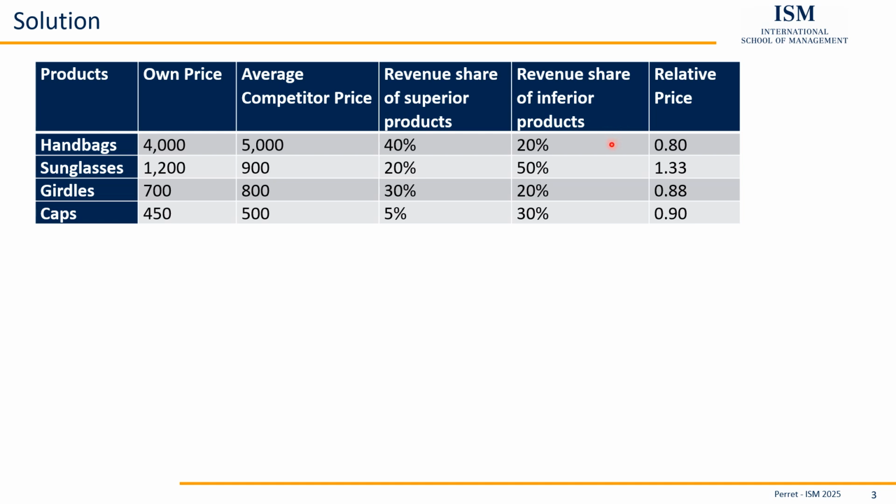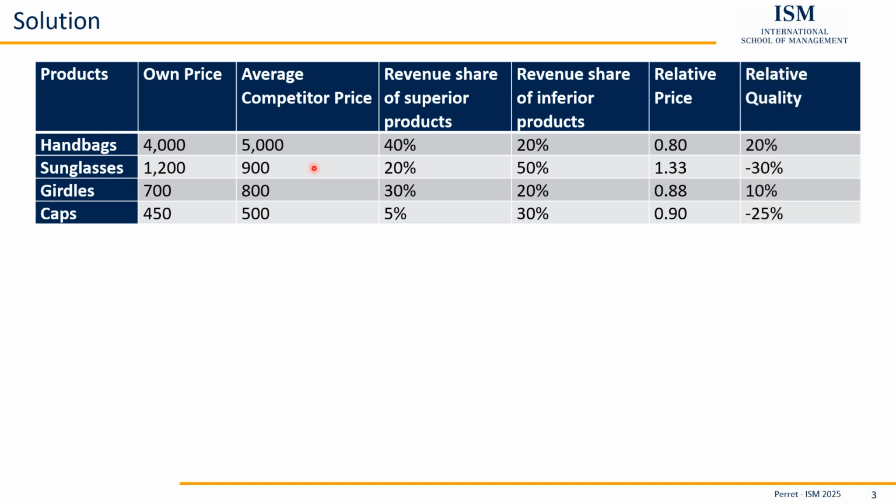For the relative price, I simply divide my own prices by the competitor prices. So for handbags, I go 4,000 divided by 5,000. For sunglasses, 1,200 divided by 900. And for the other two, similarly.